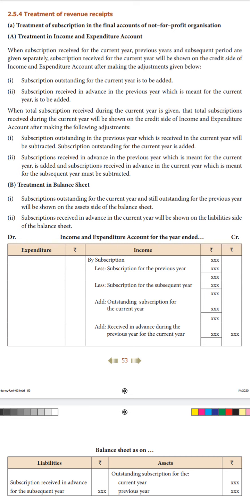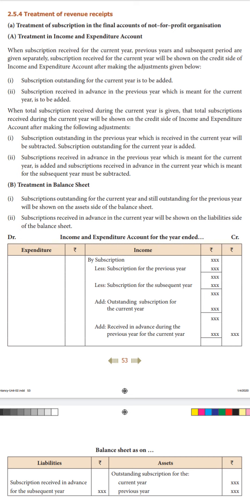The second one is when you receive any subscription in advance, which means in the previous year you have paid for the current year. Subscription received in advance in the previous year which is meant for the current year is to be added. In simple words, let's take 2020-21 as our current year.